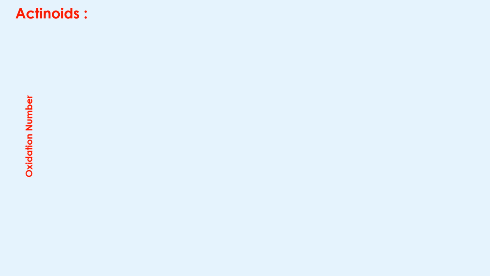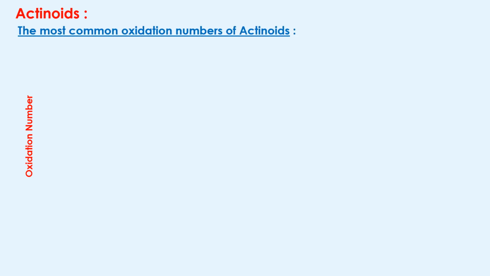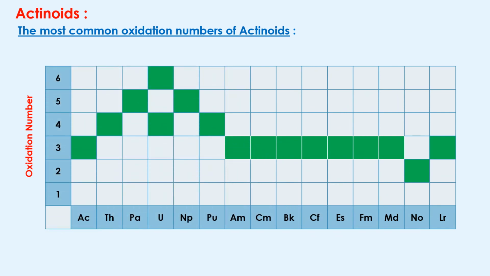Next, we have to see the most common oxidation number of an actinoid. See this table. Some elements show the common oxidation state +3: actinium, americium, curium, berkelium, californium, einsteinium, fermium, mendelevium and lawrencium.